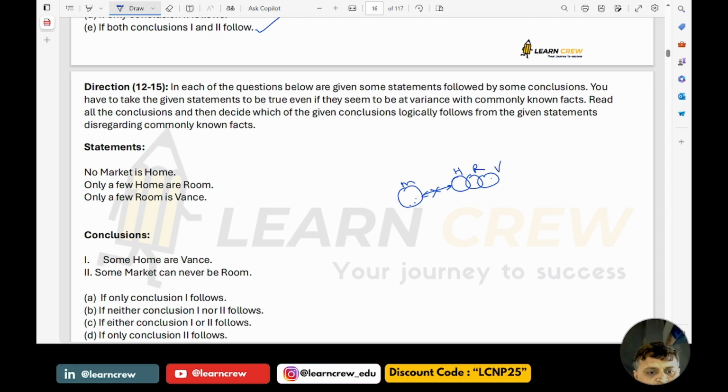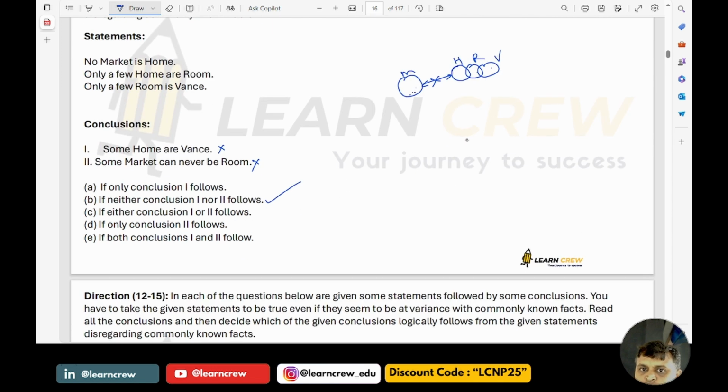Now, some H, R, V is definitely not true, because in this case it is not right. Next, some M can never be room is wrong. So both 1 and 2 don't follow. Neither one, nor two, because these can have intersection.